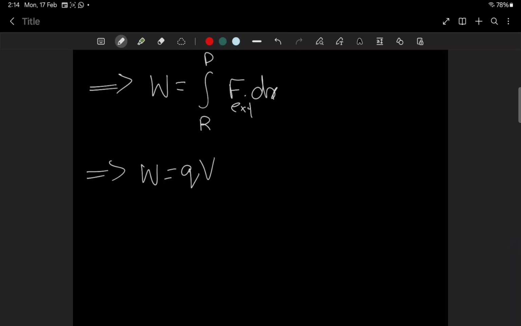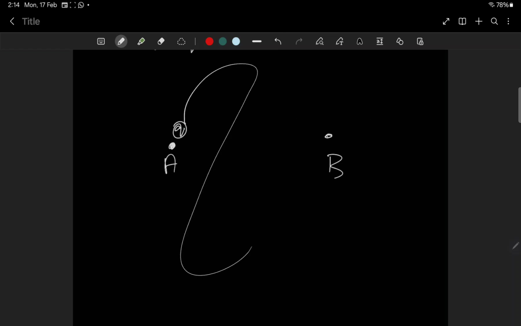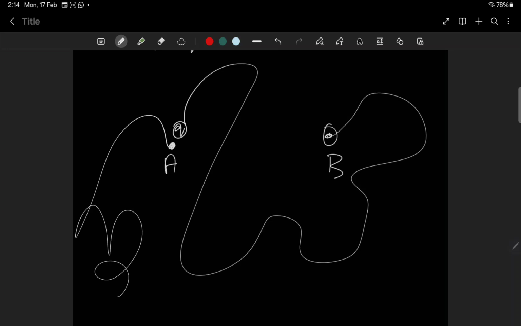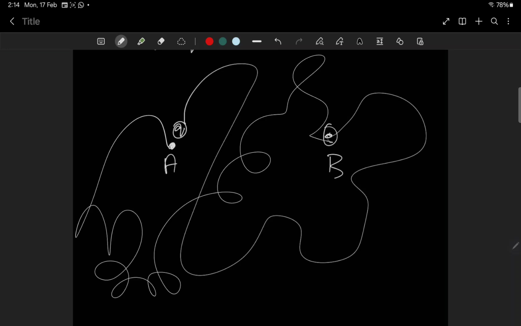Now this is the thing about potential they are telling us, and potential is what? A conservative quantity. That is, if I have a point A and a point B, and I take a charge Q from A to B along one path, or along another path like this, it is path independent.